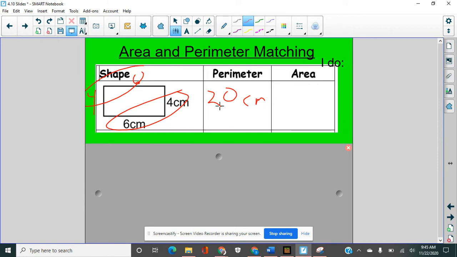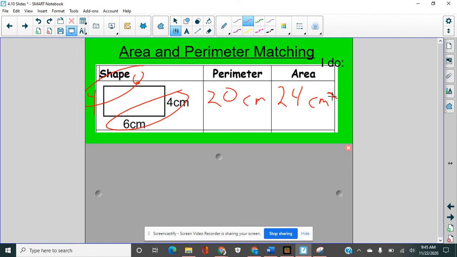Okay. The area is the inside. Now there's no squares on this one, right? But I remember from our last lesson that I can multiply the length. 6 times 4. 4, 8, 12, 16, 20, 24. So the area is 24 centimeters squared. See that little 2?